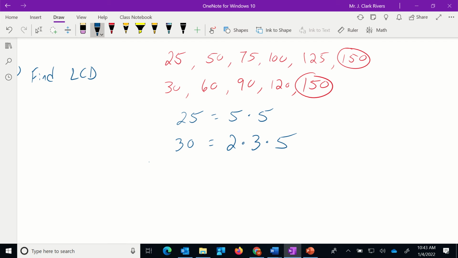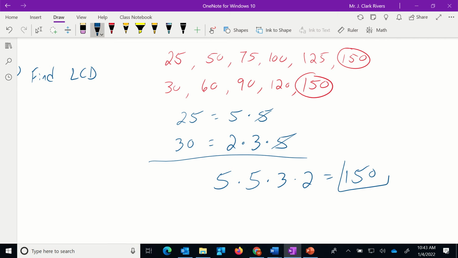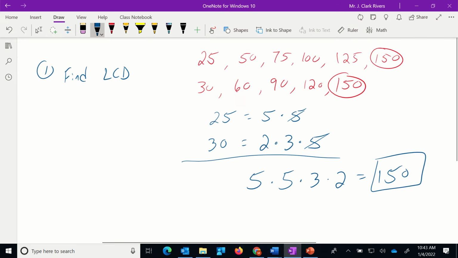So the process for finding the least common multiple: look for common factors, so 5, write that down. And then we have no other common factors, so just write everything that remains down: 5, 3, and 2. 5 times 5 is 25. 25 times 3 is 75. 75 multiplied by 2 is 150. So either way, we get 150. So 150 is our LCD.